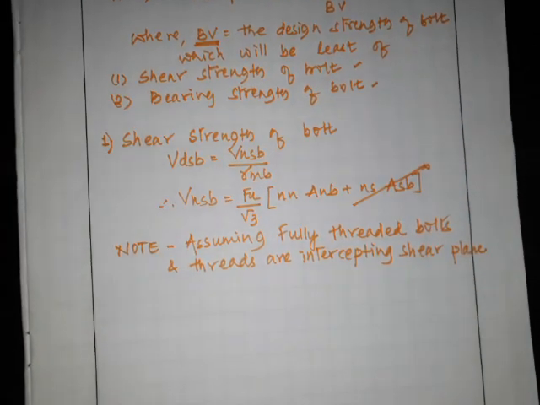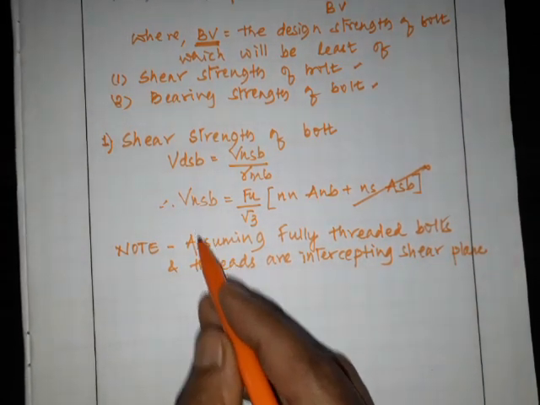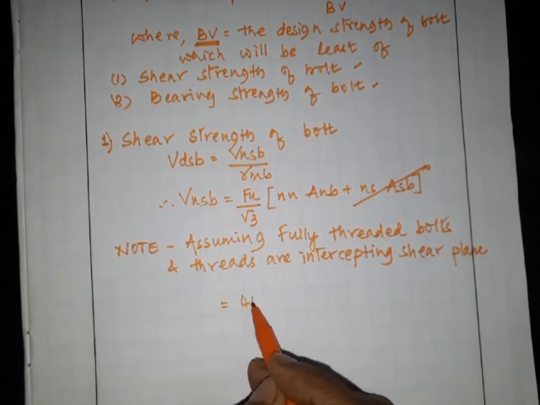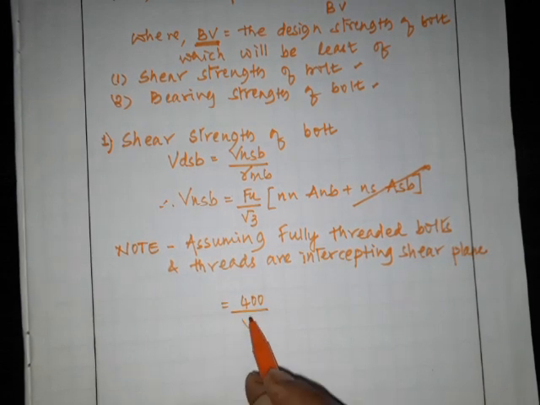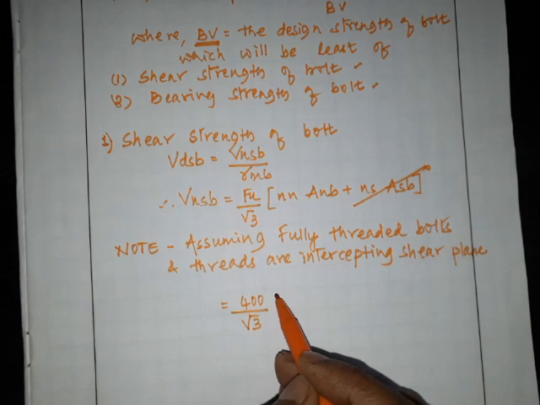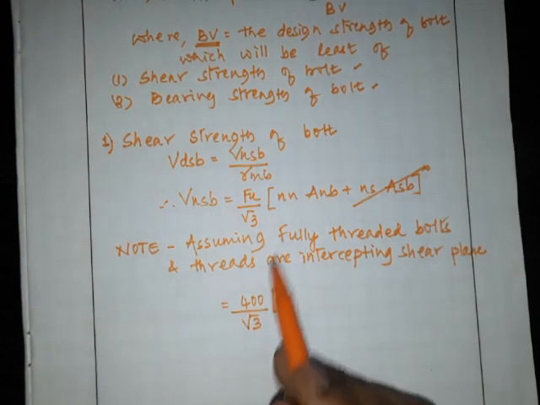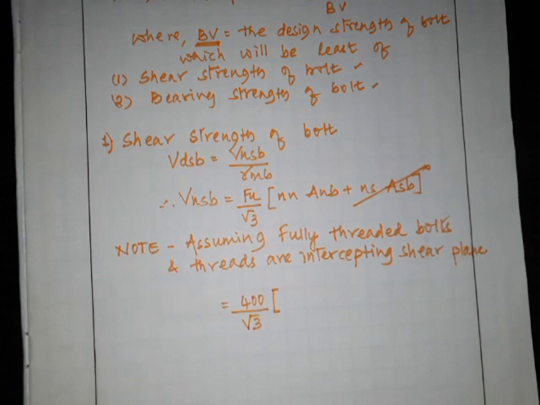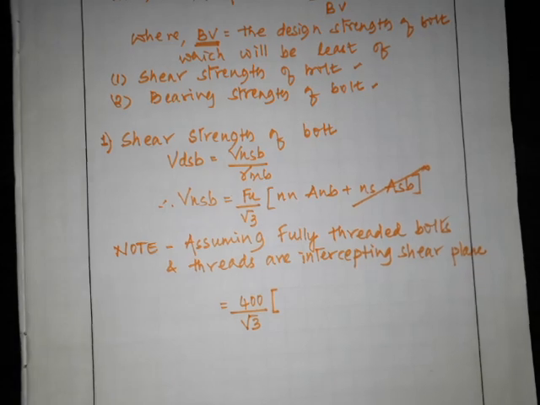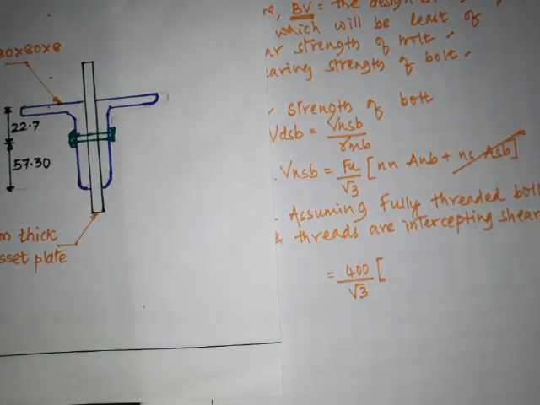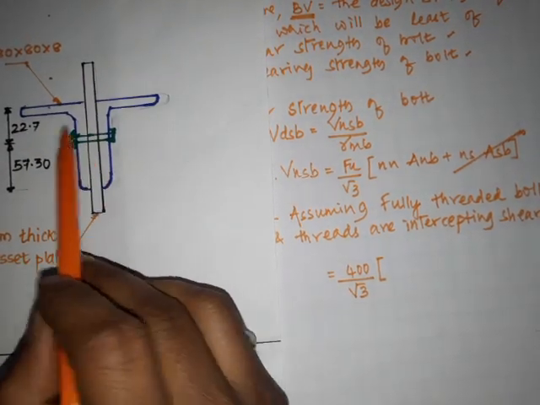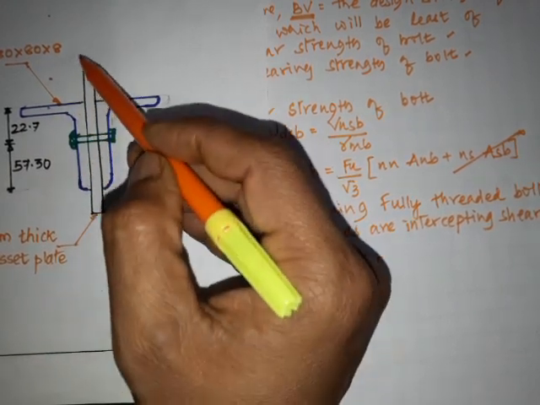So we'll substitute back here and find VNSB. Fu is 400 by root 3 into bracket of Nn, because we are going to use two angles back to back with 10 mm gusset plate.